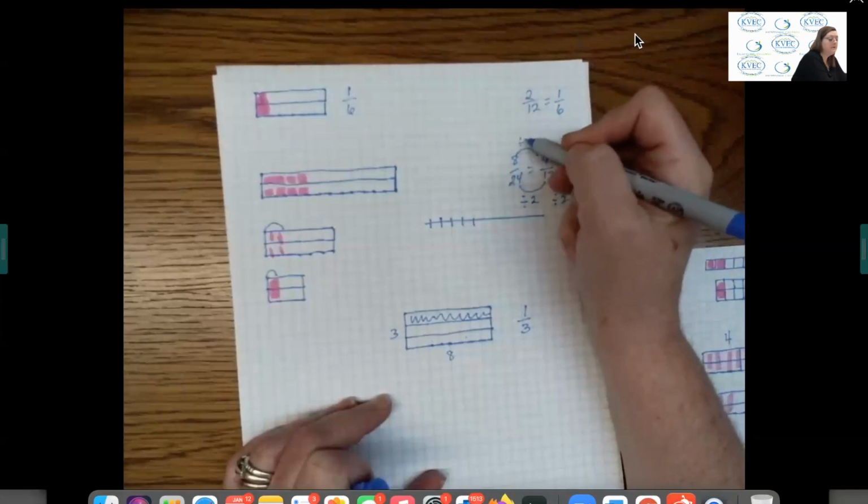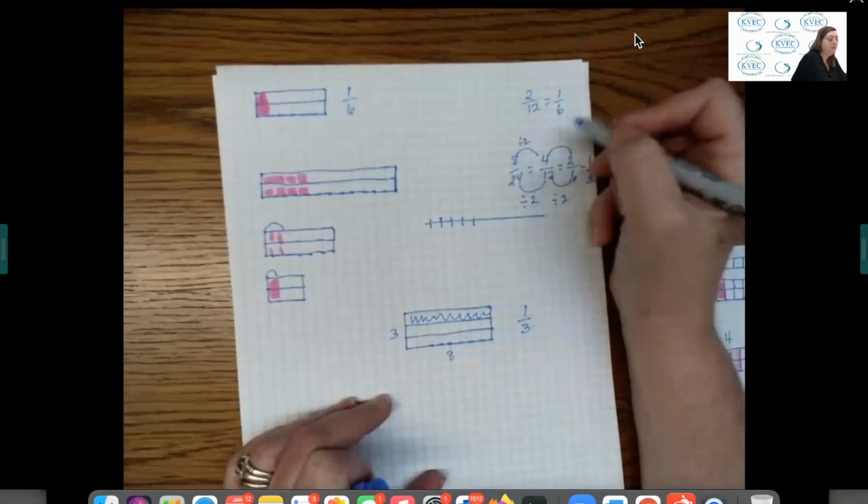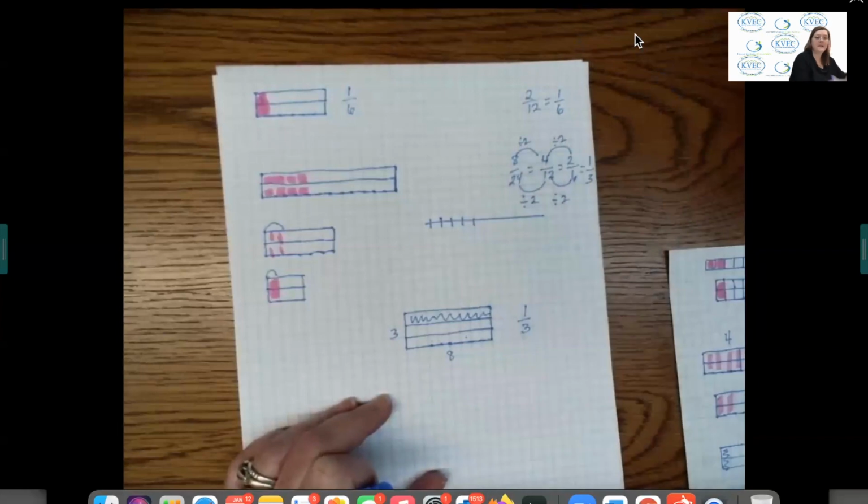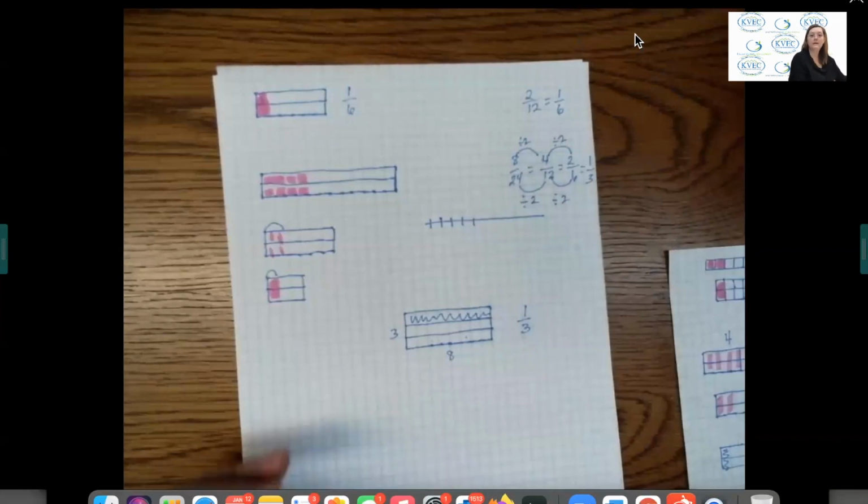We divided it by 2. What happened from 4 to 2? We divided it by 2. And they start to see that this is what is happening during this. And we had those conversations all the way through. And so what does that mean? Well, if it can be divided again, then I can still simplify it. So we have that conversation.